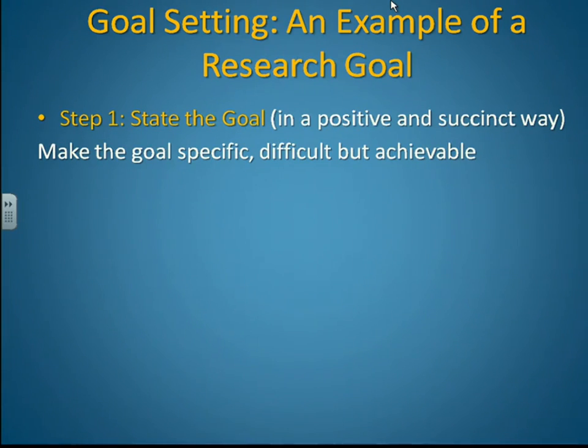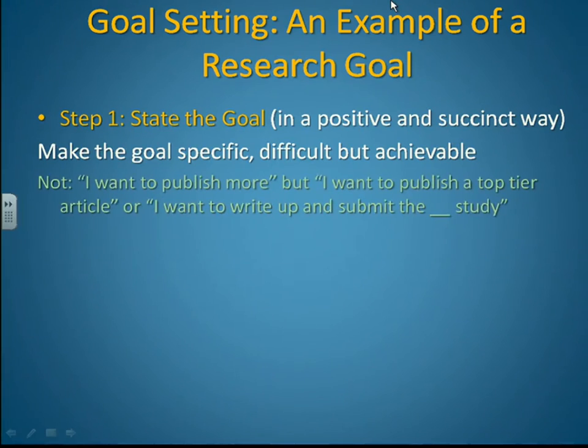Okay? So in the research domain, which is the goal example I'm going to use here, you don't say, I want to publish more. You shouldn't say that. Instead, you say, I want to publish in that journal, or I want to write up and submit the X study. I would be at this level of specificity.